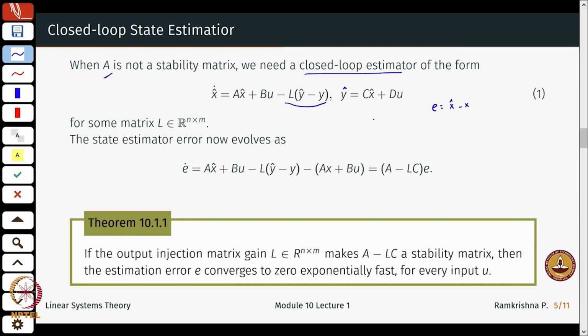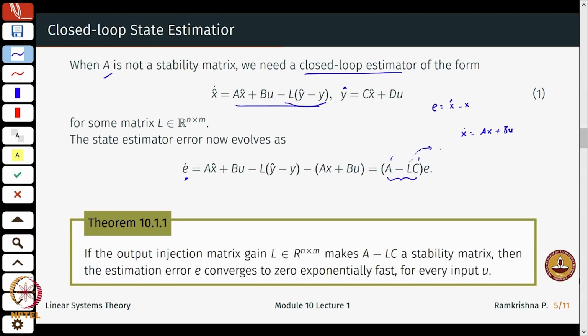If I rewrite the dynamics of e dot in terms of this new x hat dot, and of course, x evolves as A x plus B u, what I have is the error dynamics as a function of A, which is known to me, C, which is known to me, and some matrix L which we can design ourselves.